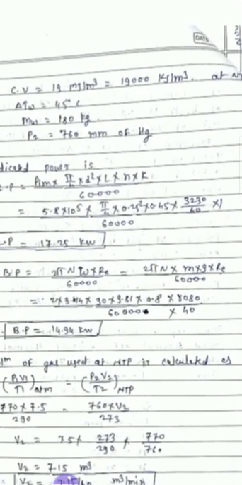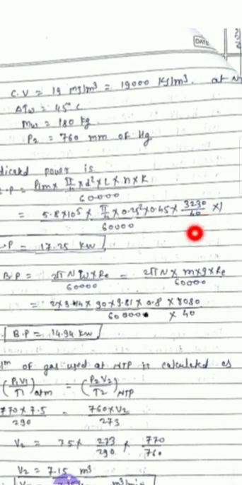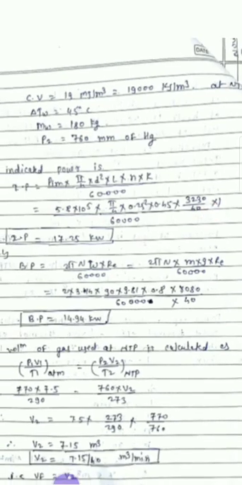That's why we have divided small n, 3230, by 40, into K, the number of cylinders. Only one cylinder will be there, not a multi-cylinder engine. By using this, we find the indicated power. By the calculations, we will get the indicated power 17.25 kilowatt.